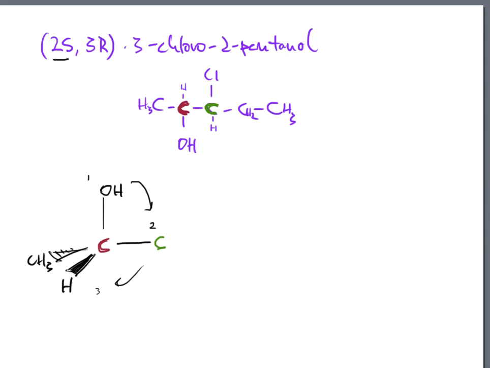How does that fix anything? Well, look at it. OH is spot 1. This carbon with all the crap is spot 2. And then methyl group is spot 3. This gives me a clockwise rotation. We would normally assign this as R. But because hydrogen is on the opposite bond, because hydrogen's pointed toward me, not away from me, then that means that this is the opposite of what I would normally pick.